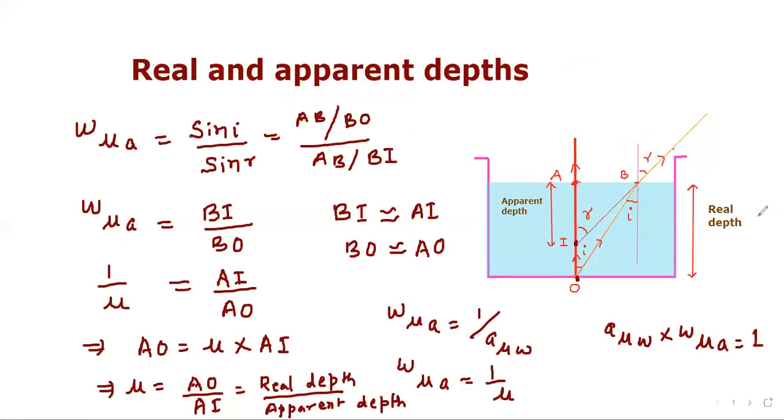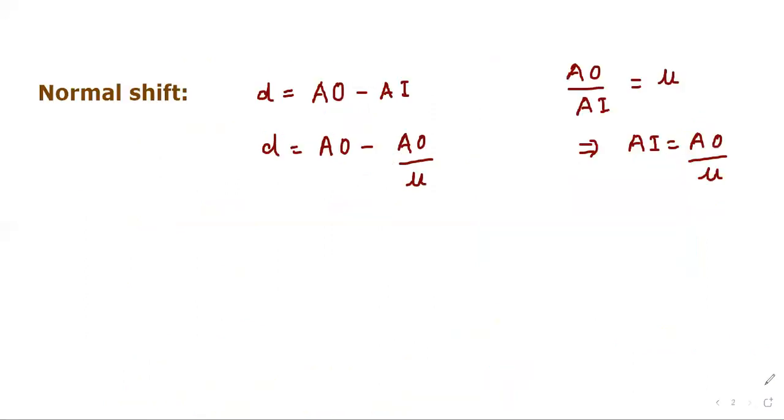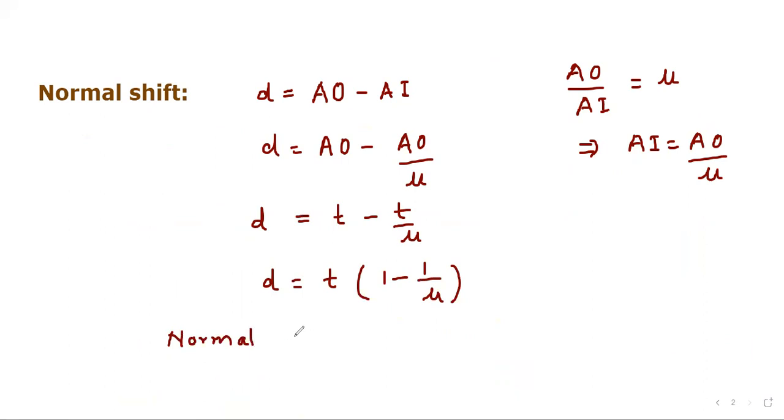Here in this diagram, if we take the real depth as T, which is AO, then T minus T divided by mu equals D, or D equals T times 1 minus 1 upon mu. That is, normal shift equals real depth times 1 minus 1 upon the refractive index of the liquid.